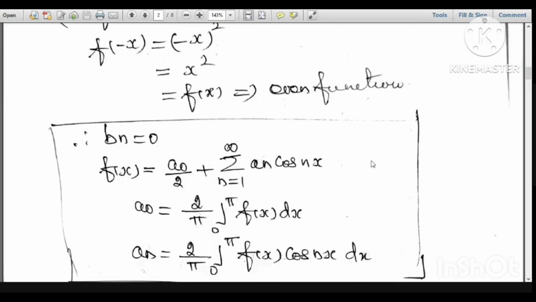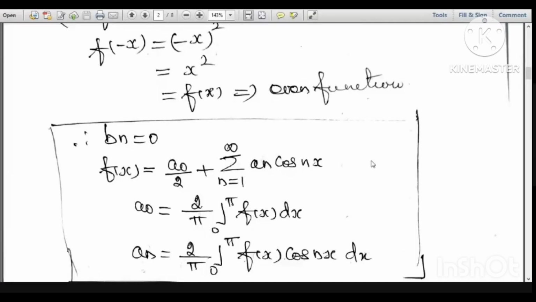f of x is equal to a naught by 2 plus summation n equal to 1 to infinity a n cos nx. Why? Because b n is equal to 0 when it is an even function.